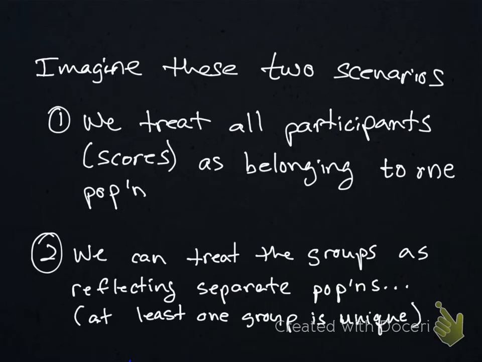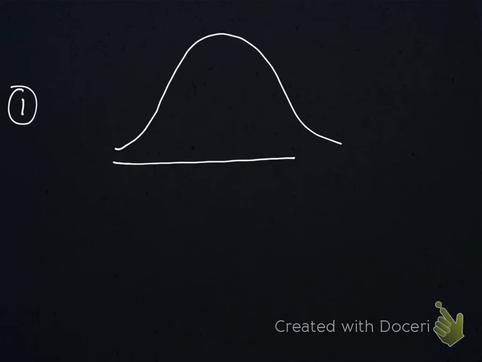So looking at these two scenarios, let's look at what they would look like visually. For the first scenario, we could have one population. This population would have all of those means equal to one another. In other words, this reflects the null hypothesis. If we wanted to look at the sample statistics, we could look at the grand mean.